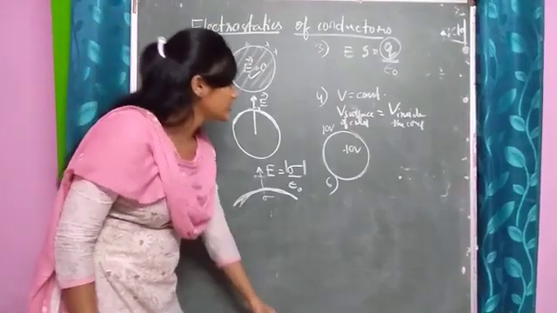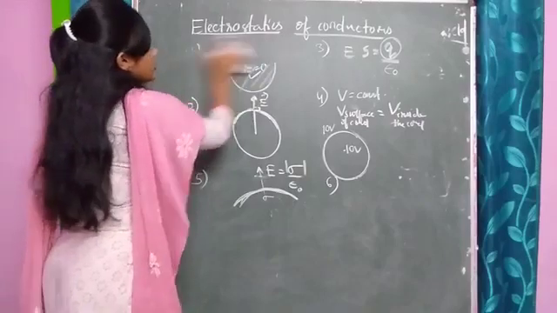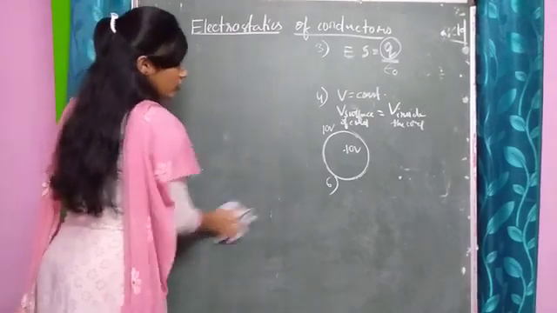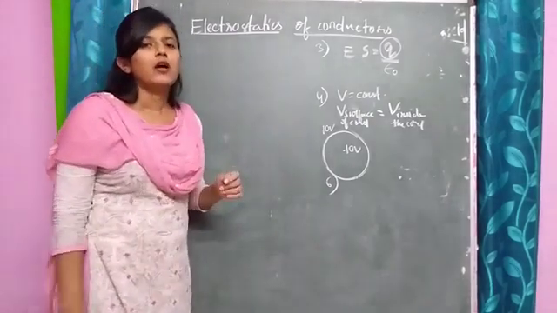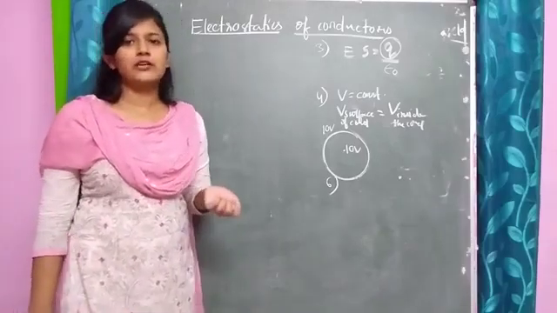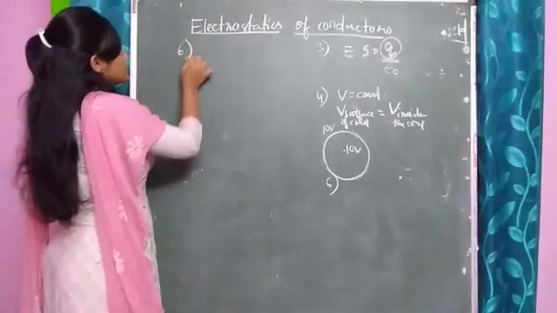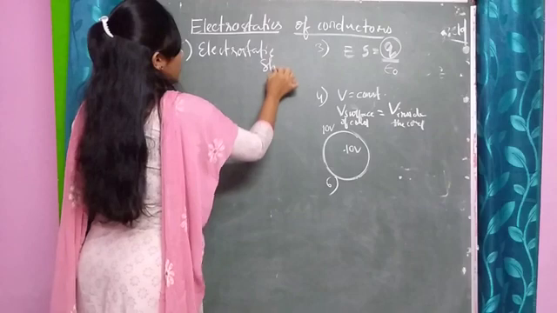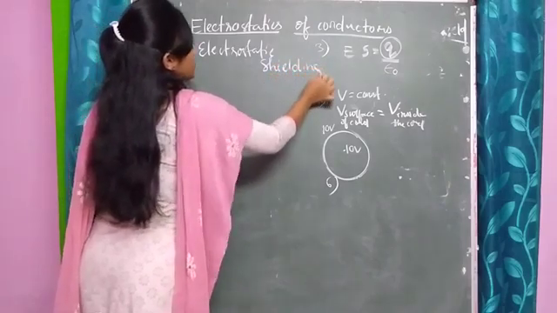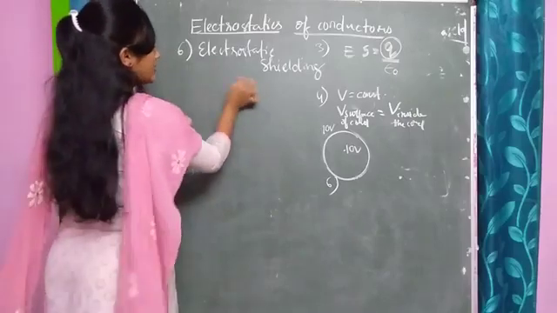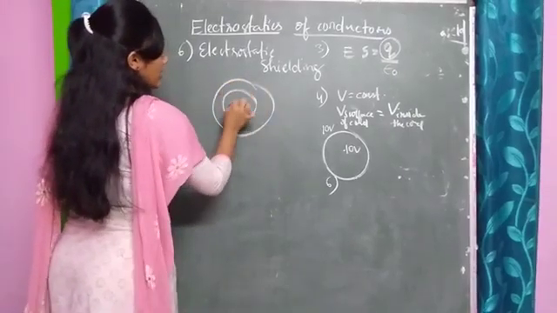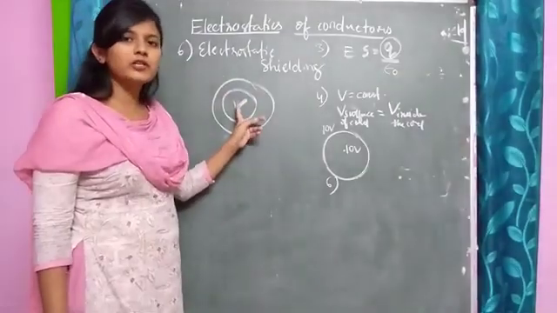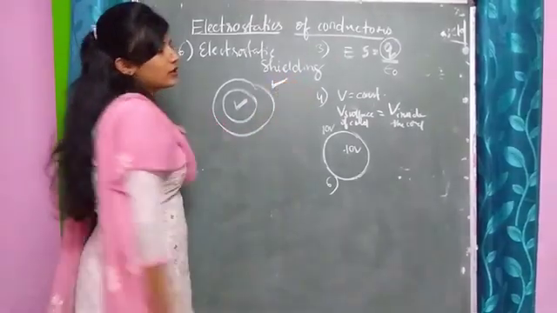Last one is electrostatic shielding. Electrostatic shielding is a phenomenon where inside the cavity of a conductor there will be no influence of the electric field. Shielding effect means the cavity inside a conductor. If you have a conductor with a cavity inside, then this will be shielded from the outer influence.